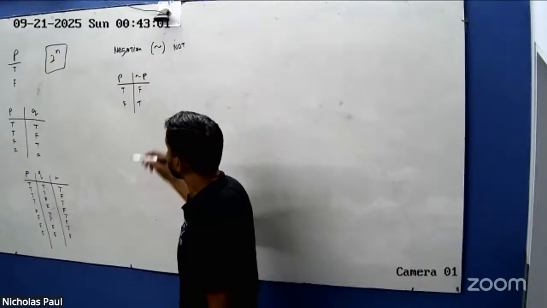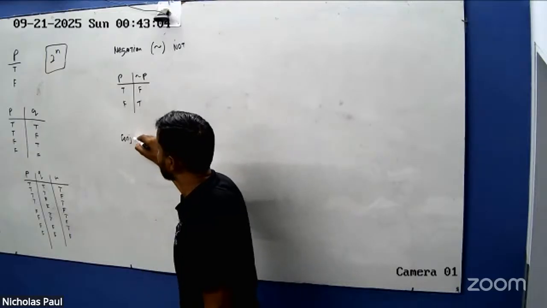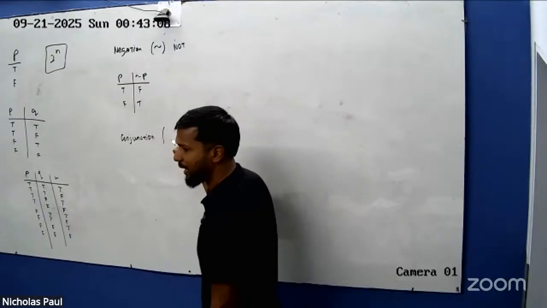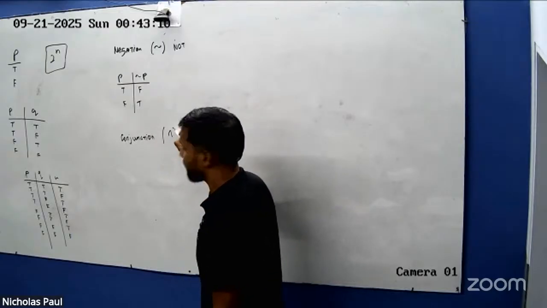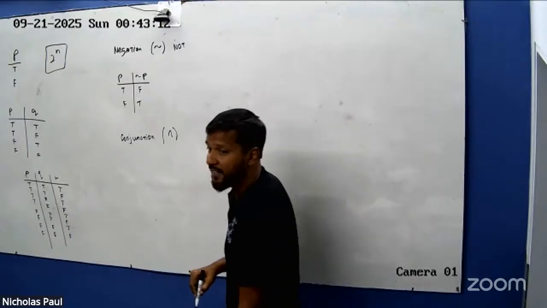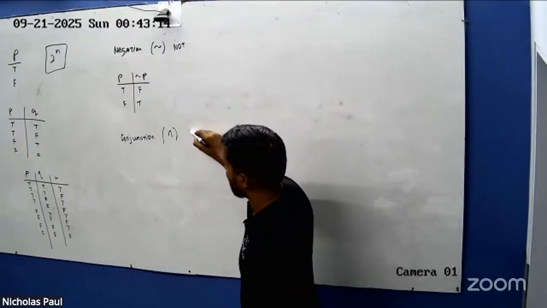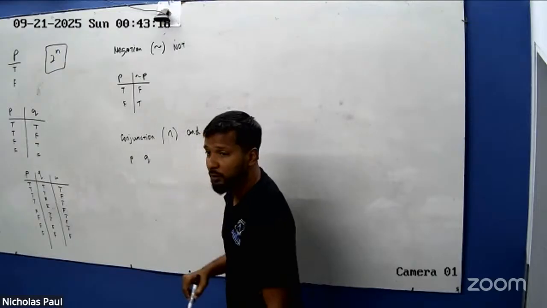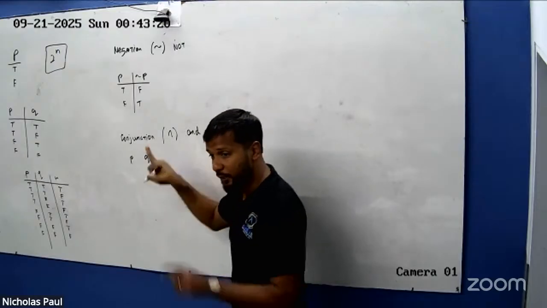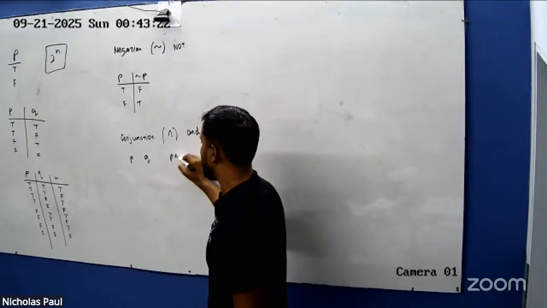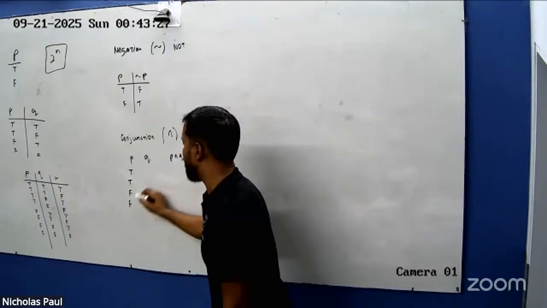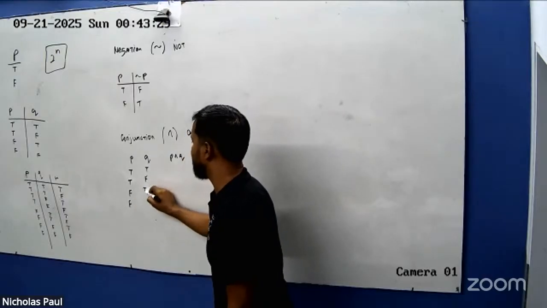Then we have conjunction. You all may have done this already. What do the symbols look like? Conjunction. And what's the word? Well, I cannot spell it out. And. So you have P and Q. This is a connector, so it will have 2 variables, P and Q. True, true, false, false, true, false, true, false.